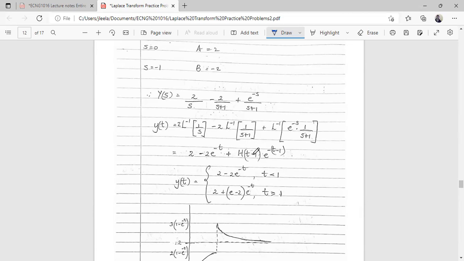So when t is less than 1, this is 0. So if this is 0, then the function will just be this part here alone: 2 minus 2e to the minus t. And when t is greater than or equal to t naught, this part here is 1. So you'll get 2 minus 2e to the minus t plus e to the minus (t minus 1), right?